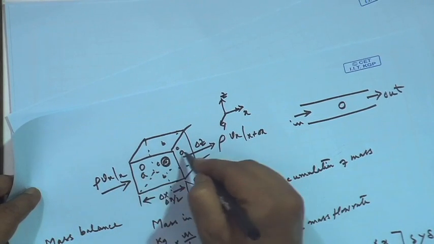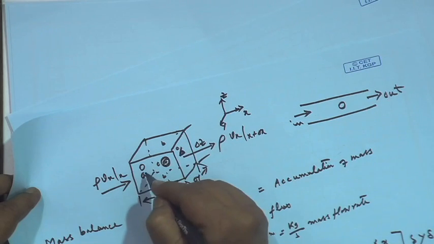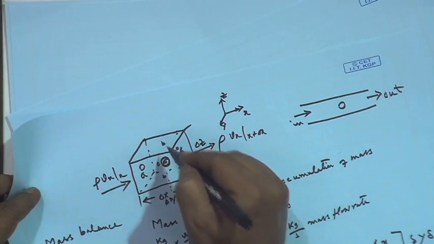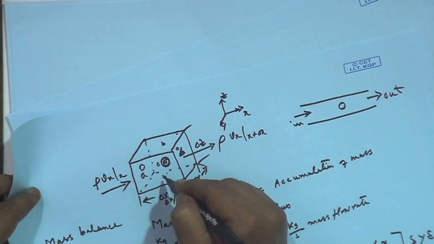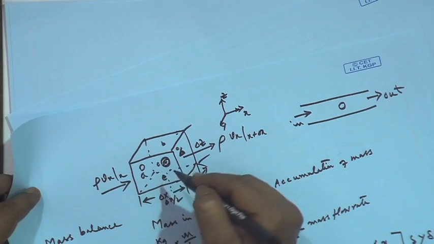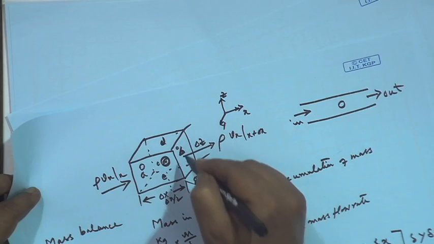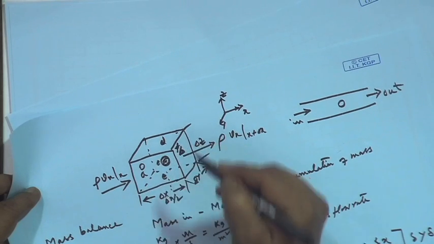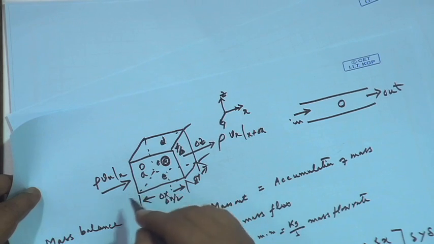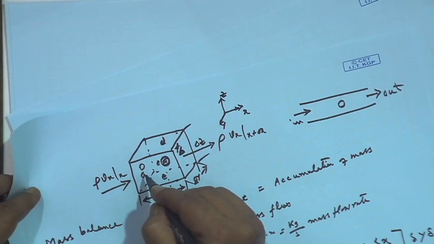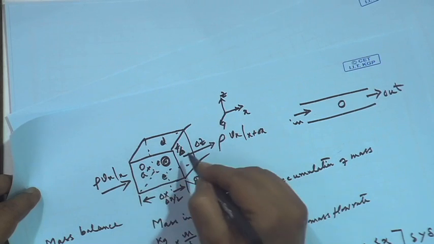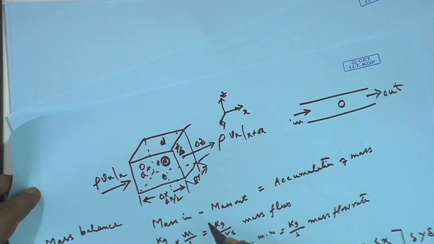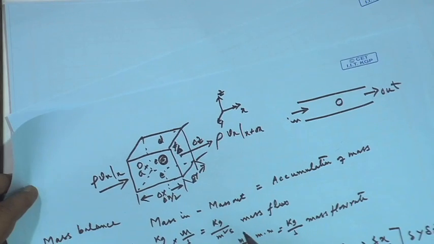So, this face is A and this face is B, and similarly the other faces could be: this face could be C, this face could be D, or the other two faces, this could be E and this face could be F. But first for the x direction, we are bothered for how much is coming in this face and how much is going out from this face, right.